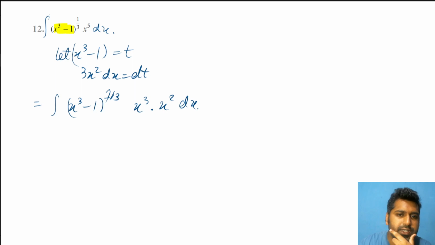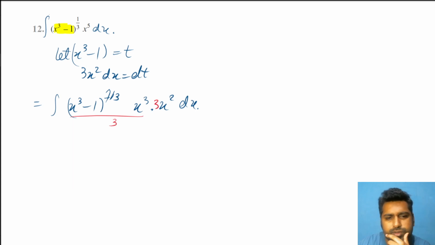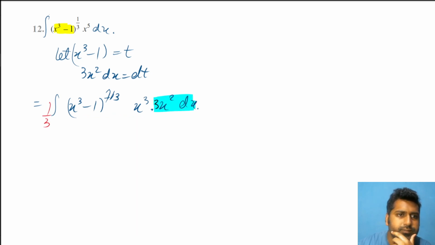So we have generated x square dx. All we need is 3. We know how to adjust that, or we can put it outside the integration also. It's a constant now, so let it be. Now we have generated 3x square dx.